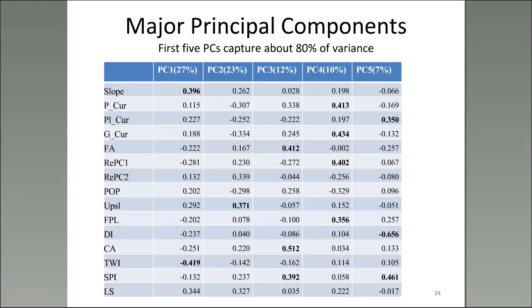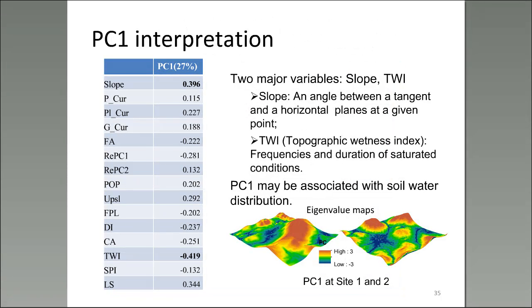As you see, the loadings indicate the contribution that each parameter makes to the principal component. It can either be a positive or a negative relationship. So then we can look at each principal component individually and look at what are the major variables that contribute to the principal component, and then we can assign some attribute to that principal component.